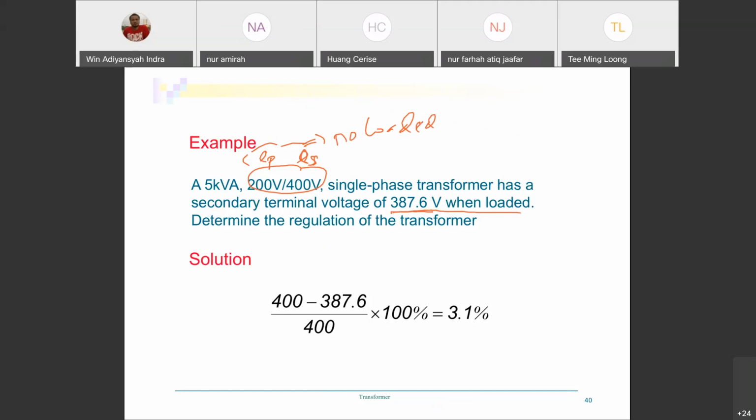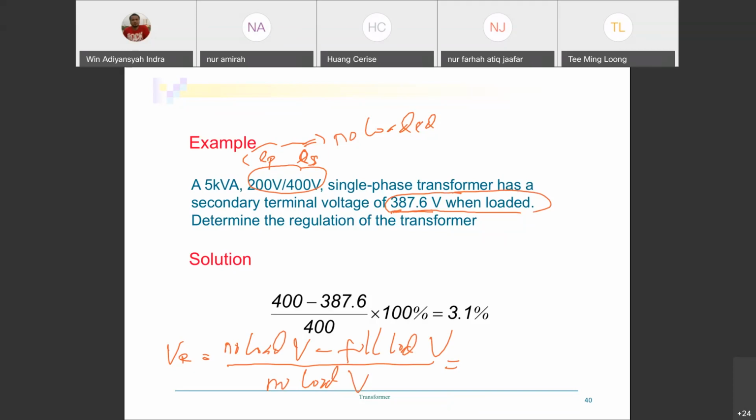So according to the formula, voltage regulation, VR, equal to no load voltage minus full load voltage, over no load voltage. And remember, this is the secondary of the transformer. This one is on the secondary terminal.